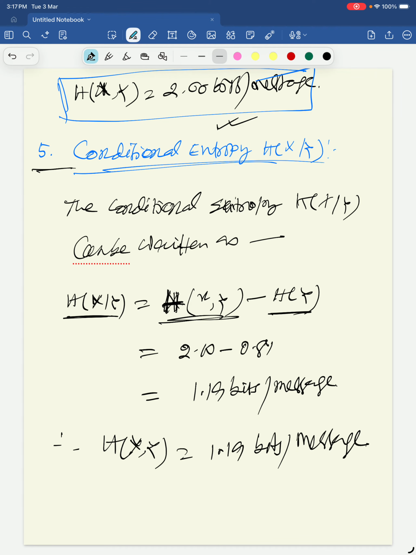So fifth is finished. Now sixth. Again conditional, sixth.